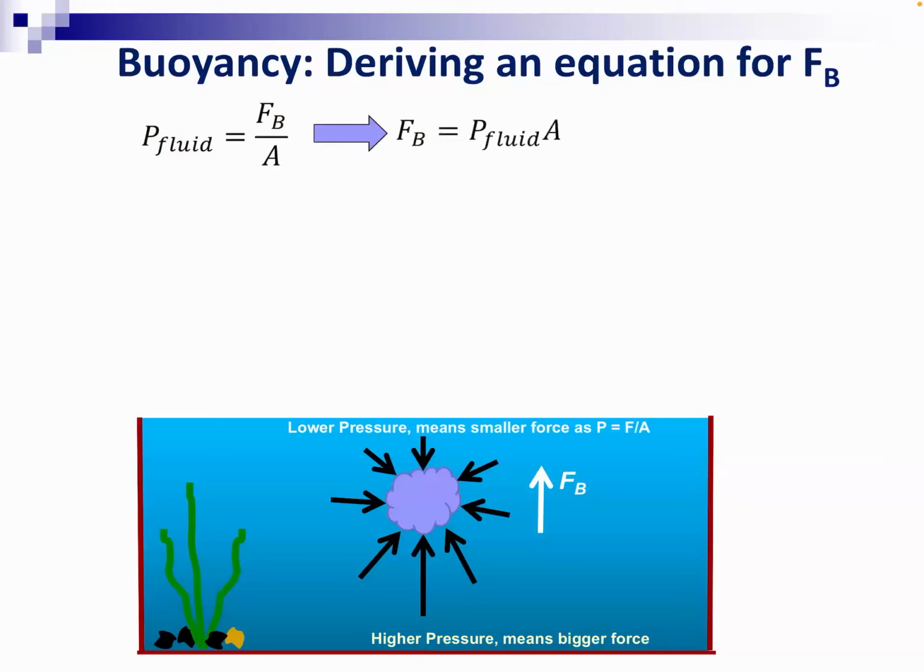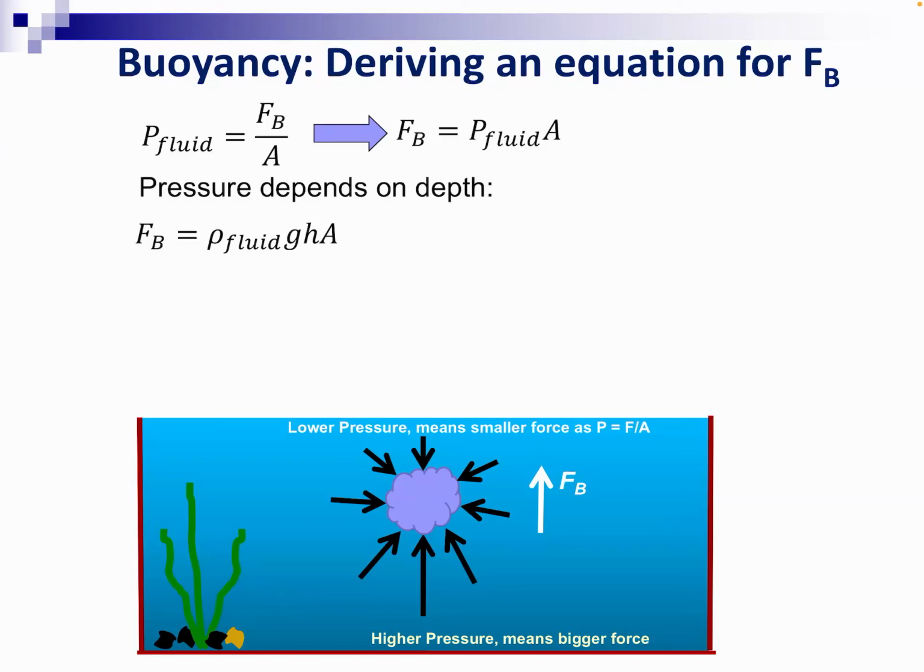If we work this out to isolate the force, that will be pressure times area. But we know that pressure depends on depth, and hence the force will also depend on depth. Right, so rho, the density of the fluid, times g times h, h giving you the depth within the fluid.